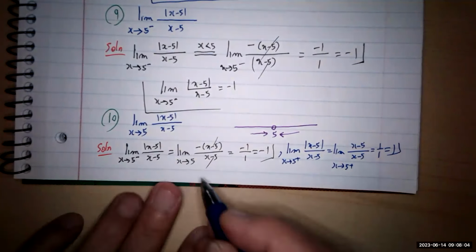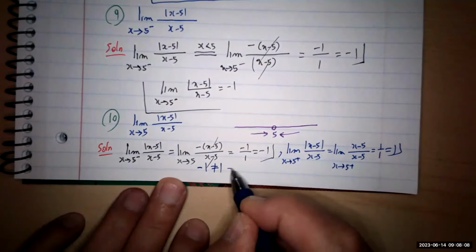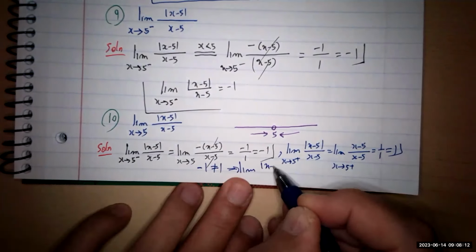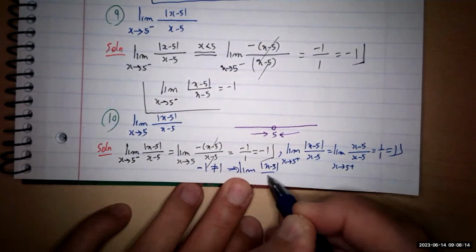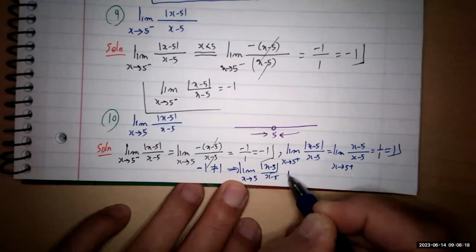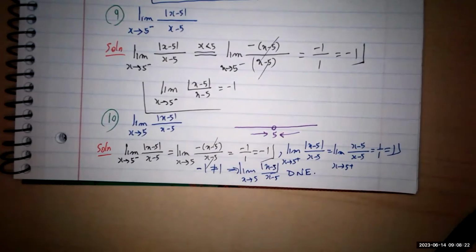So negative 1 is not equal to positive 1. So this means the limit of the absolute value of x minus 5 over x minus 5, when x goes to 5, does not exist. That completes all the possibilities for the absolute value function.